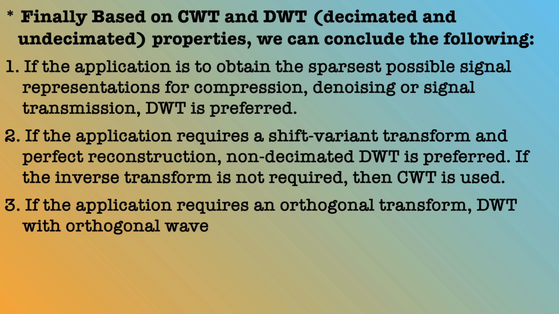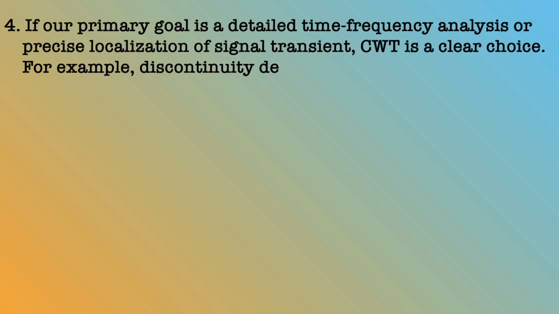If the application requires an orthogonal transform, DWT with orthogonal wavelet filter is the obvious choice. If our primary goal is a detailed time frequency analysis or precise localization of signal transients, the CWT is a clear choice.